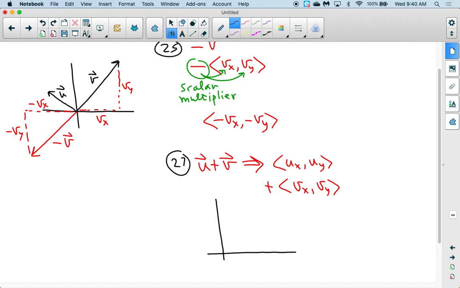She's on this hike and she goes 5 miles east and then 2 miles north, and so she ends up right here. Okay, so that's her first displacement, right? 5, 2.